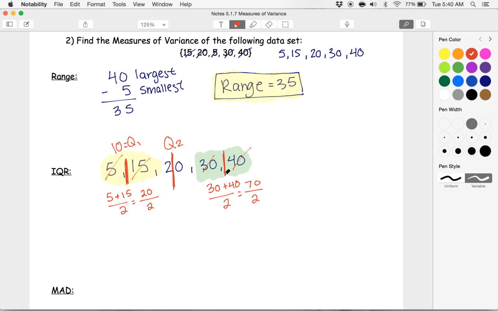If I divide that, I get 35, which is quartile 3. IQR equals quartile 3 minus quartile 1. IQR equals 45 minus 10. So IQR in this case is 35.